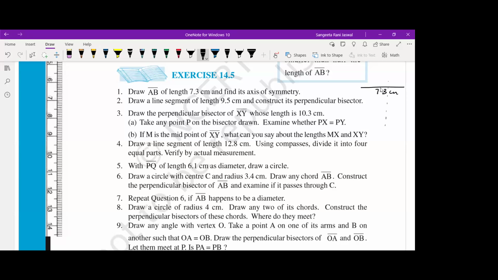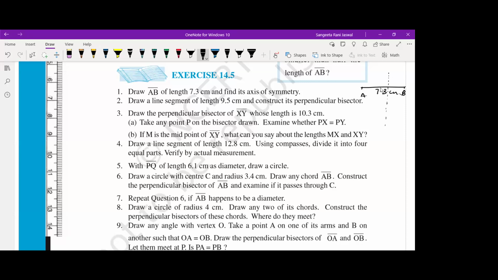From where will you cut this line, from the center, so that it cuts right from the center? If you have to make a line of symmetry for this line segment AB, that line of symmetry will be somewhat like this, vertical. So this line of symmetry is nothing but the perpendicular bisector.